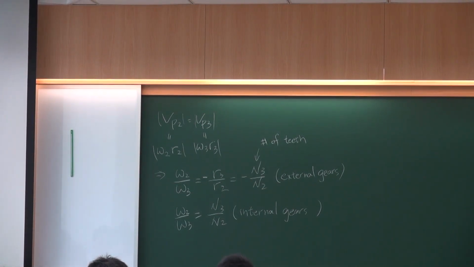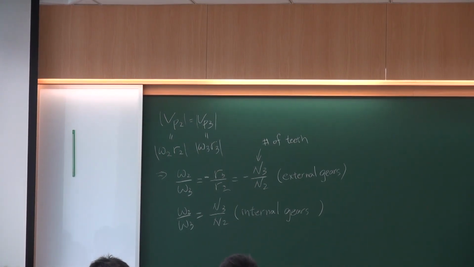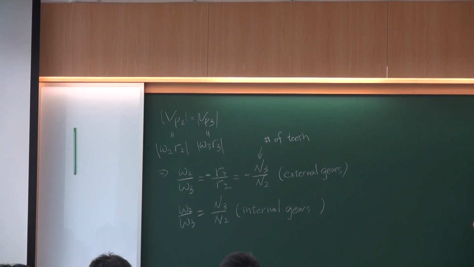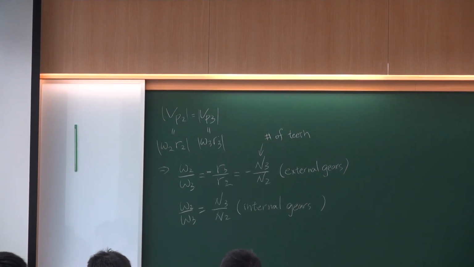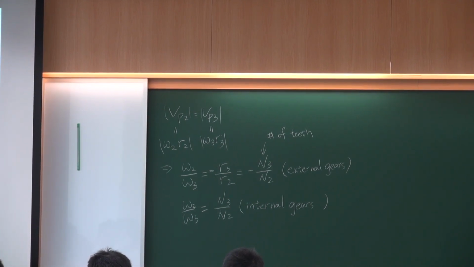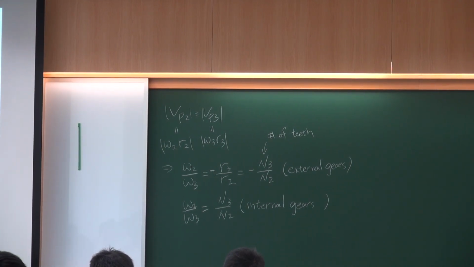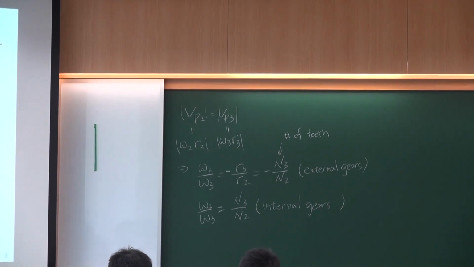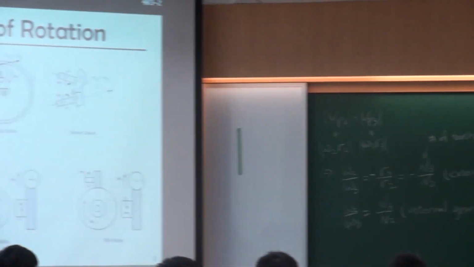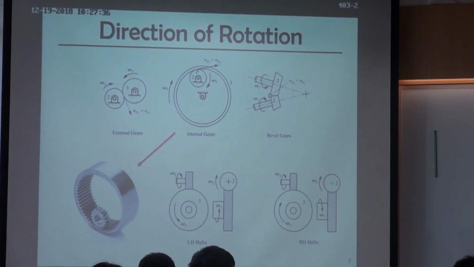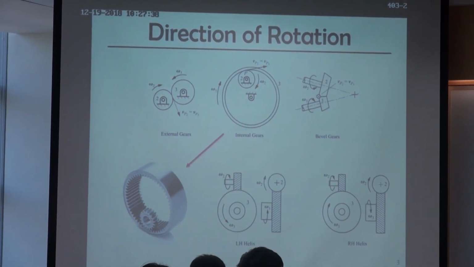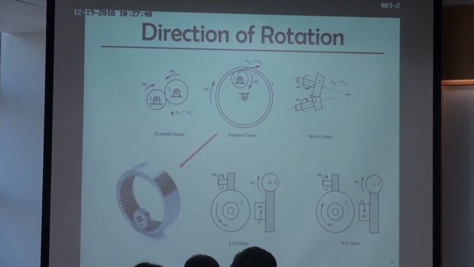It must be positive because that indicates they are rotating in the same direction. So the major difference between these two is the direction. Otherwise, we use the same expression to indicate their speed ratio. Any questions so far?